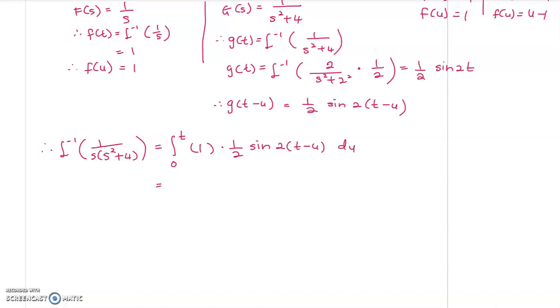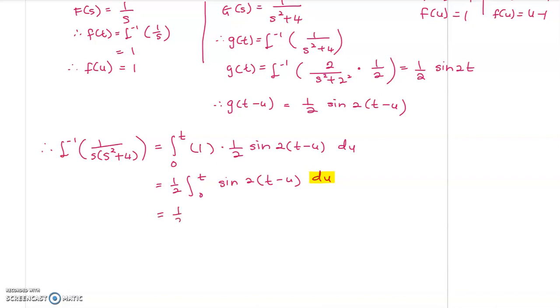Basically, we just integrate sine 2(t minus u) with respect to u. The common mistake that students make in the exam is integrating with respect to t. That is the very common mistake. So you need to be very careful in the convolution theorem. The integral that you should do is with respect to u, not with respect to t. So please highlight that part.